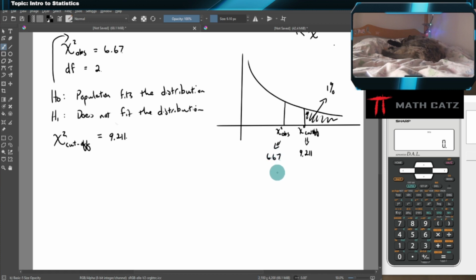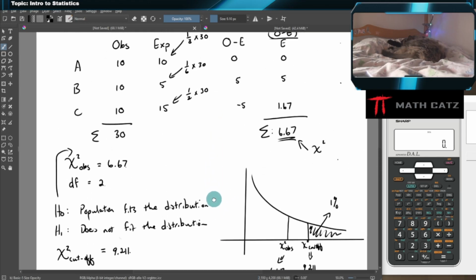So according to our choice of significance level, what we'll consider extreme, this is not that extreme. This could happen just by chance, still following this distribution.